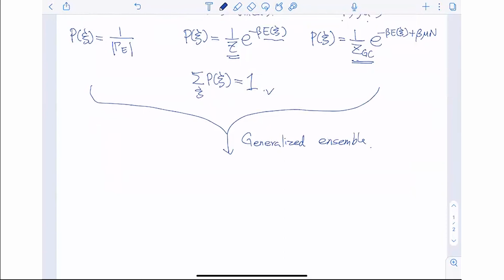And why it is so important to get this probability distribution is because the expectation value of the physical observable is simply described by this kind of average process.